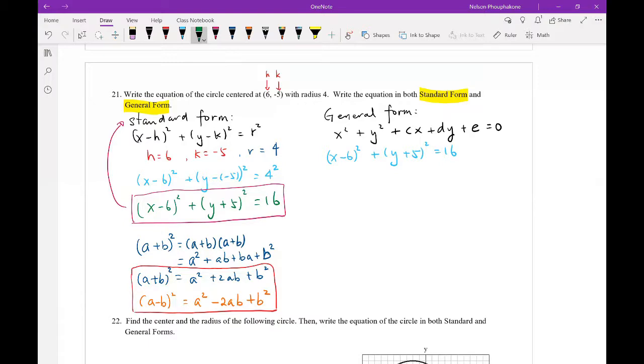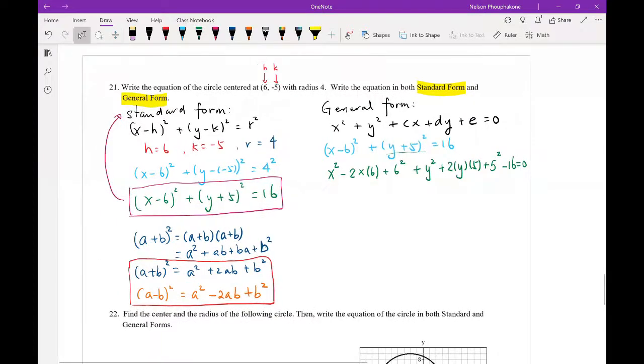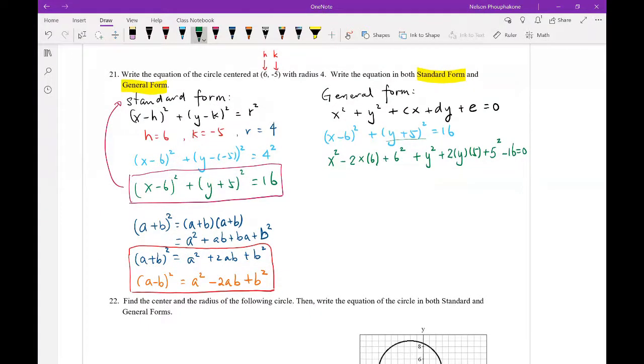So it will be the first term squared minus 2 times the first times the second plus the second term squared. And this one right here will be the first term squared plus 2 times the first times the second plus the second term squared. And then minus 16 equal to 0. We just move the 16 from the right-hand side to the left-hand side.